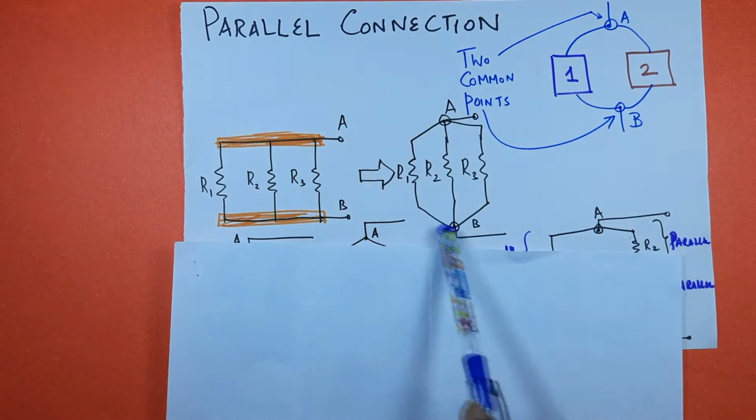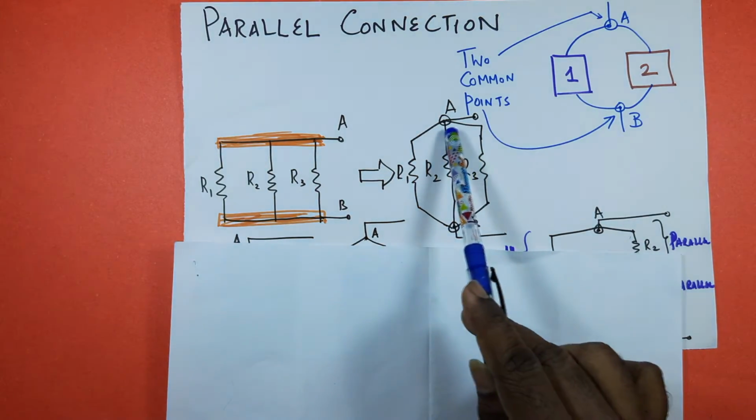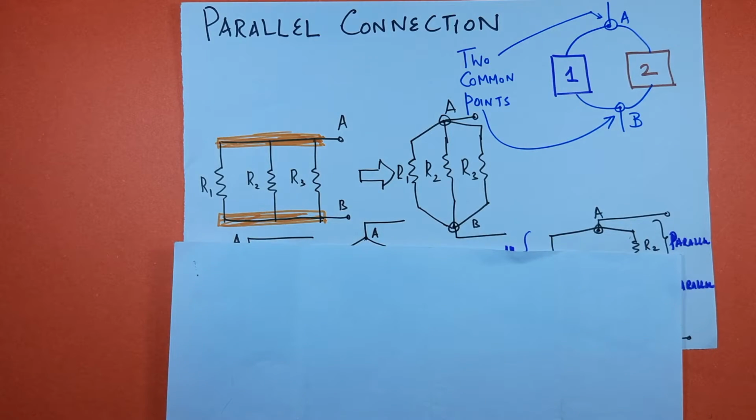If you redraw this, the same R1, R2, R3: the top points connect at a single point A, and the bottom points connect at a point B. So R1, R2, R3 are connected in parallel because they have two common points.